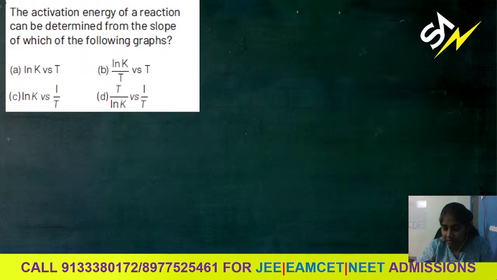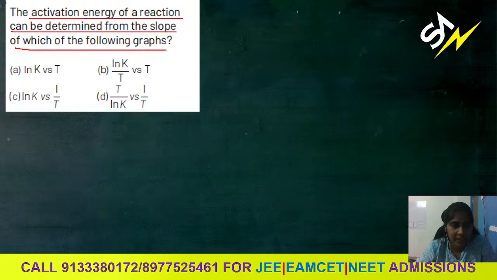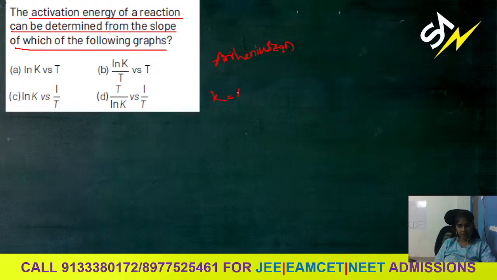See, if a question is asked in this way, this can be a little tricky, but if you understand the concept, that this activation energy is related to the Arrhenius equation, that is, k is equal to A e to the power of minus Ea by RT.